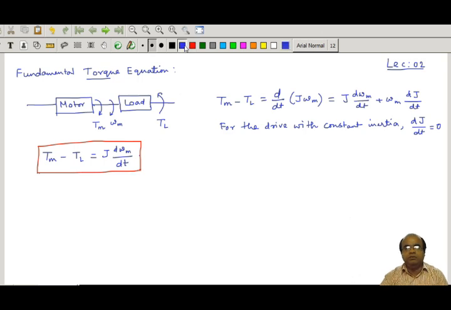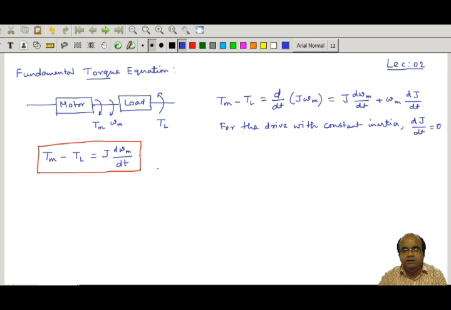Now, from this, J d omega m/dt stands for the acceleration of the motor load system. From this equation we can derive three criteria.